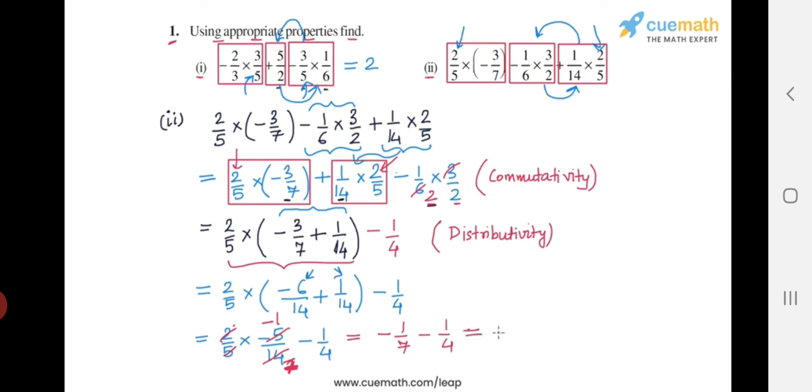So 7 and 4 have an LCM of 28, and for the first numerator 1, we can write minus 4, and for the second numerator of 1 we can write minus 7. So we get minus 4 minus 7 by 28, and this is equal to minus 11 by 28. So the value of the expression in the second part is minus 11 by 28.